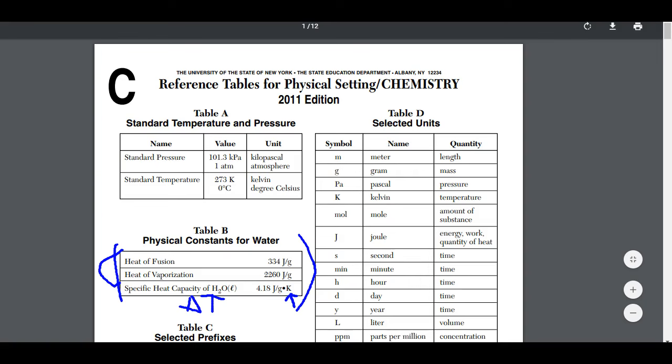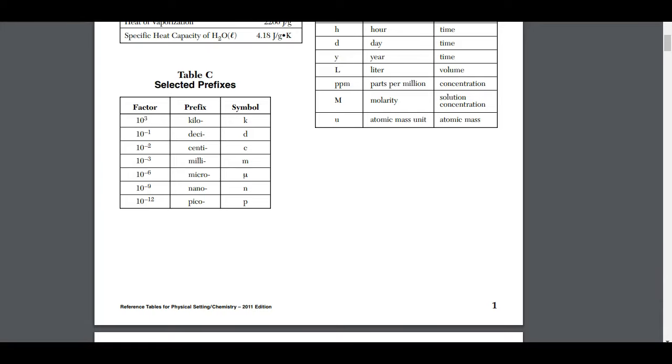Let's go down to reference table C. Reference table C, it says selected prefixes, but we know that means as far as the metric system. Now, if you have to go between one unit and another, there are these factors here that you can use, conversion factors, to get you from one unit to another.